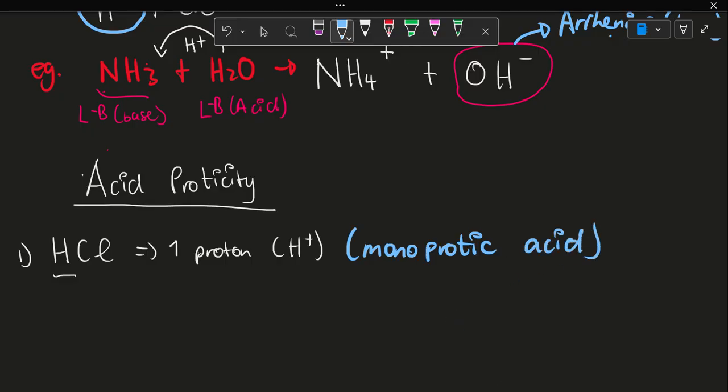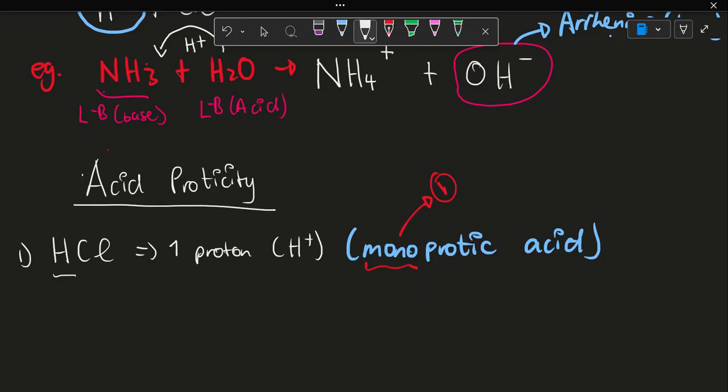Something that can donate a single proton is known to be monoprotic. Remember from mathematics, mono means one. So HCl only has one hydrogen atom, meaning it can only lose one proton.